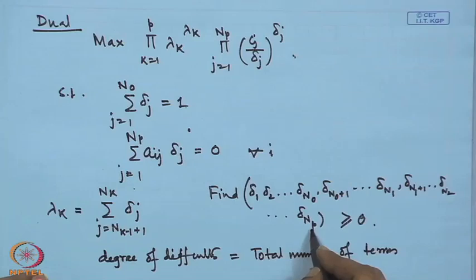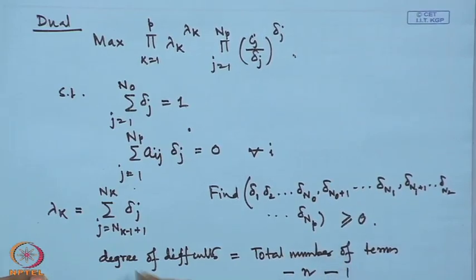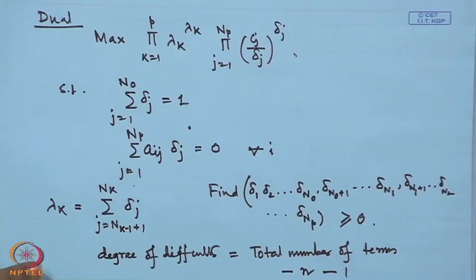How many terms we have? We have np number of terms in the problem minus number of decision variables plus 1, that is n plus 1. This is the degree of difficulty for the constraint geometric programming problem. If the degree of difficulty is 0, then we will get the unique solution. If the degree of difficulty is not 0, we will get alternative multiple solutions.